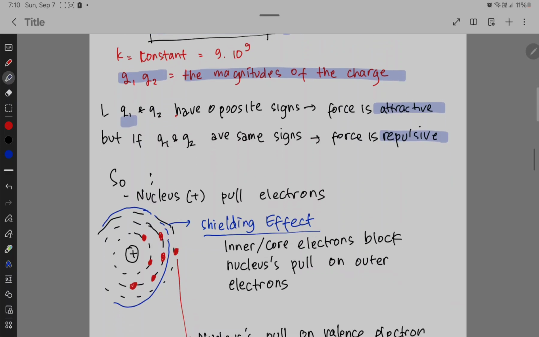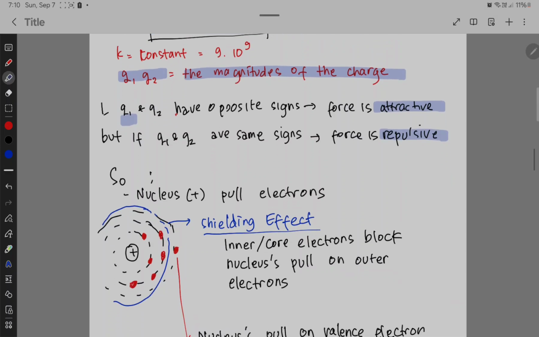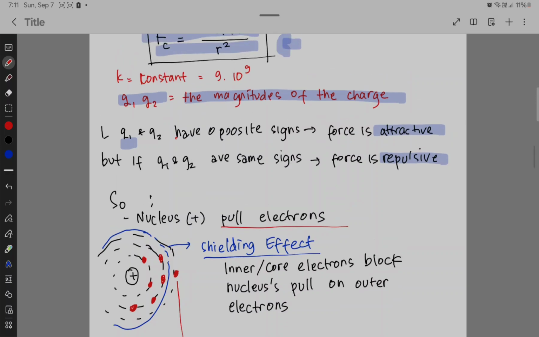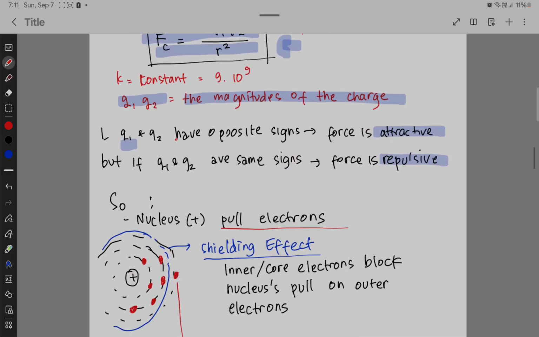Then the nucleus or a proton pulls the electron. There is an attractive force there, because of the Coulomb force here.